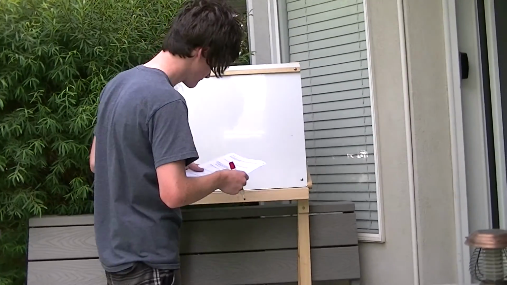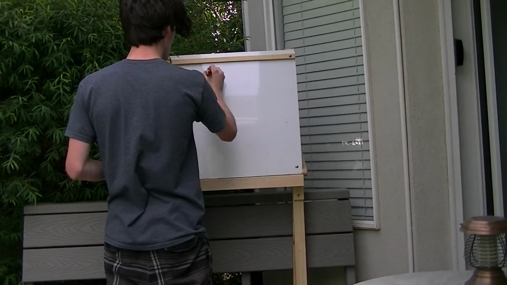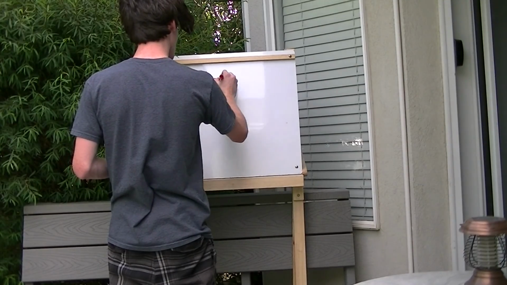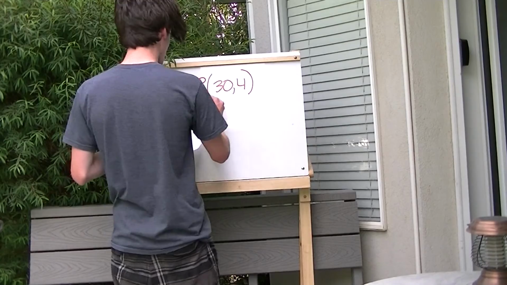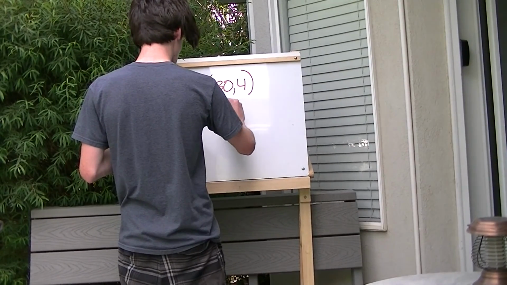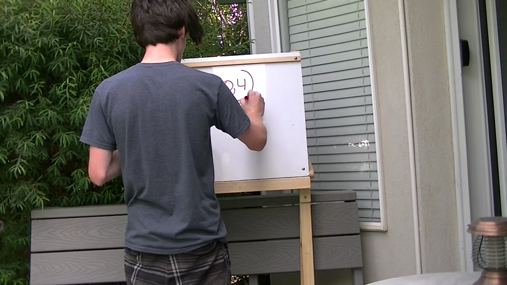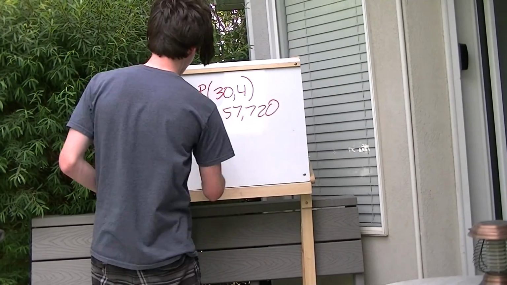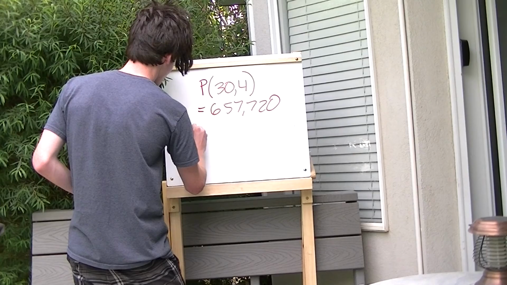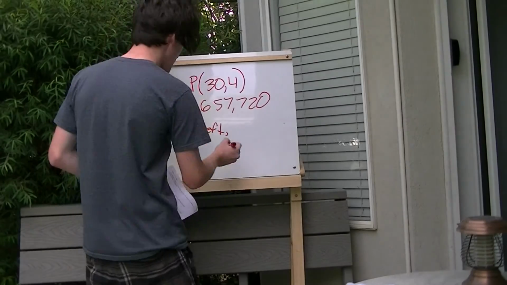To choose this, the equation is going to look like this. Plug that into your calculator. You should get 6,577,200. To do this on your calculator, push math, then left, and then down 3.